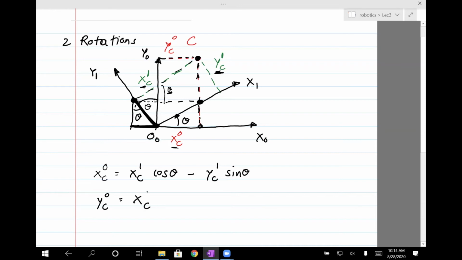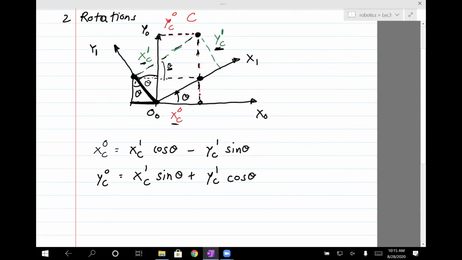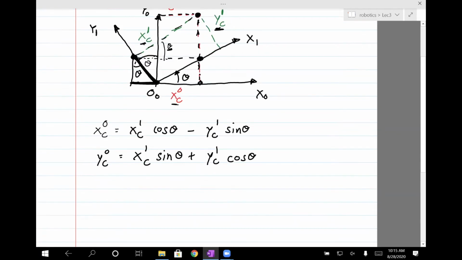So that formula comes out to be xc1 sine theta plus yc1 cosine theta. Okay, this is probably better off if you draw separate figures and try to express it.